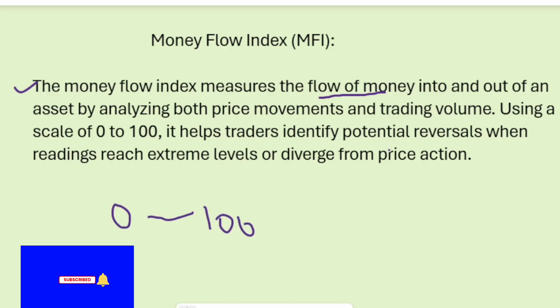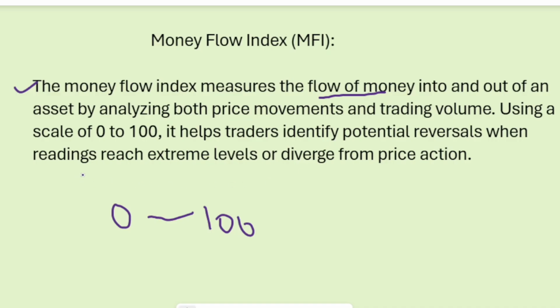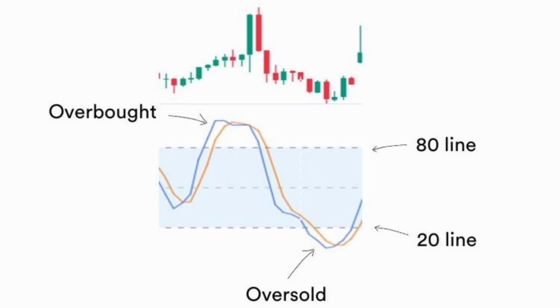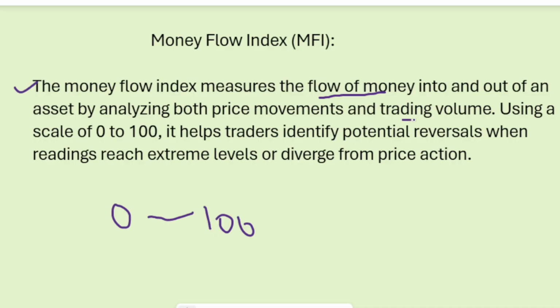It helps traders identify potential reversals when readings reach extreme levels or diverge from price action. Using the money flow index indicator, traders can know whether there is buying or selling pressure in the asset. Also, MFI helps deliver overbought or oversold signals, and it is largely a volume indicator.